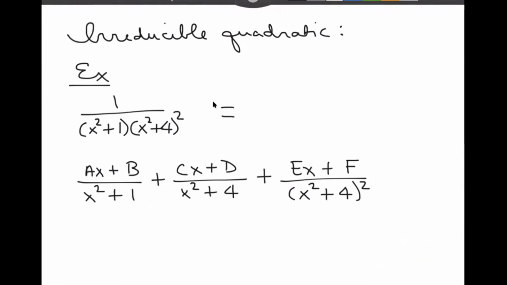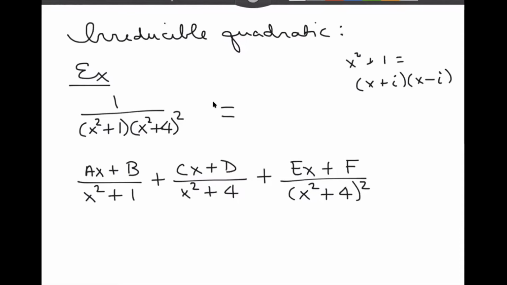The only way I know to factor x squared plus 1 is with imaginary numbers: x plus i times x minus i. We're not interested in i for this. It has to be real numbers only. So if you have quadratic factors that cannot be broken down into linear factors, like in this case x squared plus 1 and x squared plus 4, this is how you have to break them up.